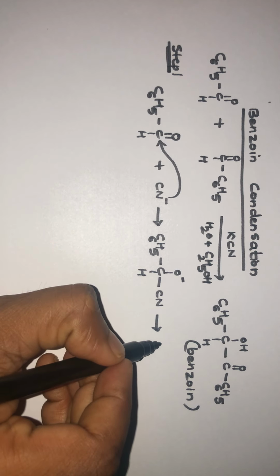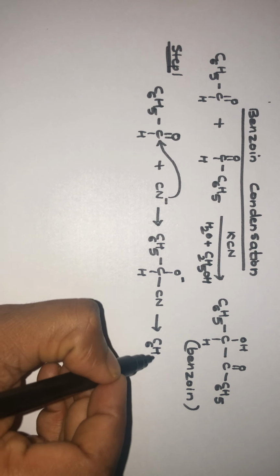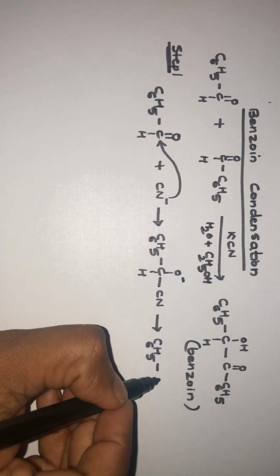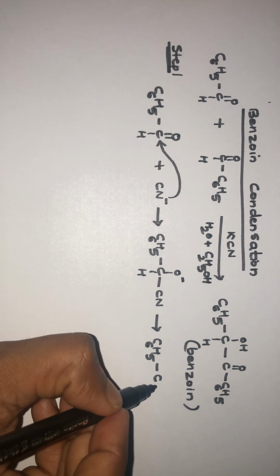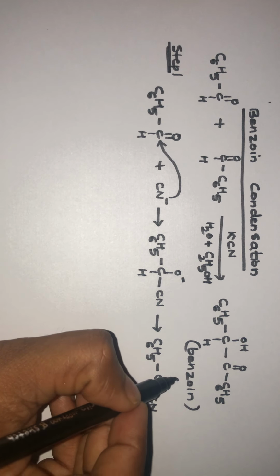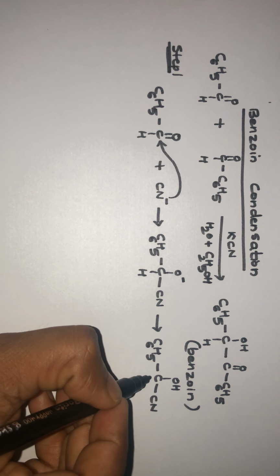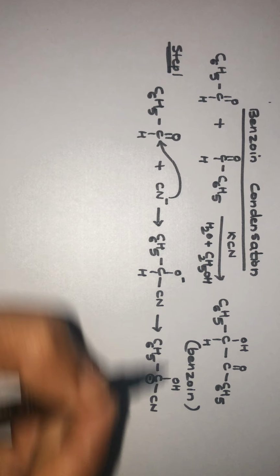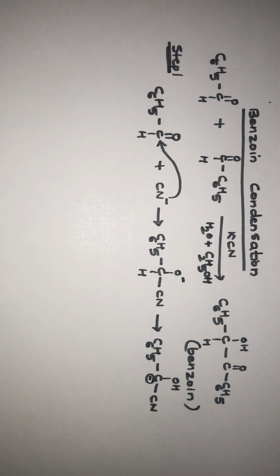So C6H5, C, cyanide, and H plus goes here, giving OH. Since H plus goes here, the carbon carries a negative charge.